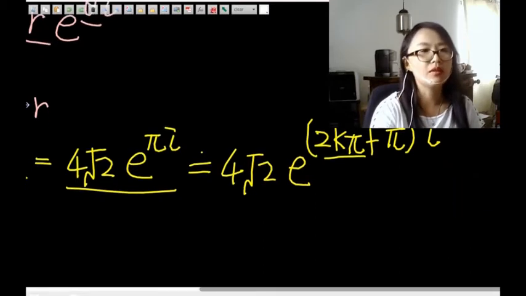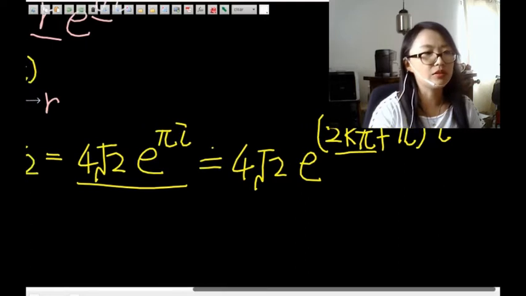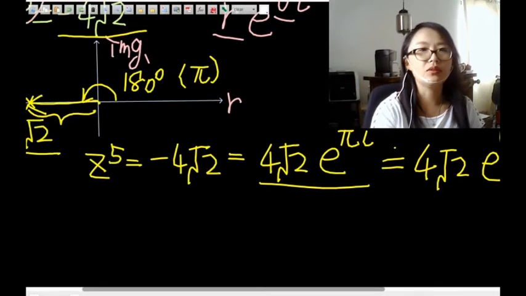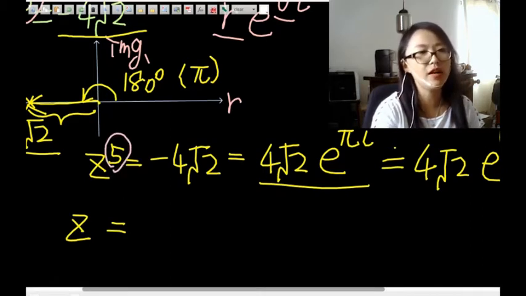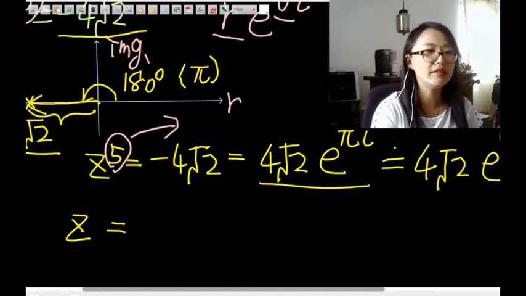The next step is to get z. So z equals, now we are going to put this exponent 5 to the other side of the equal sign, and it will become to the power of 1 over 5.